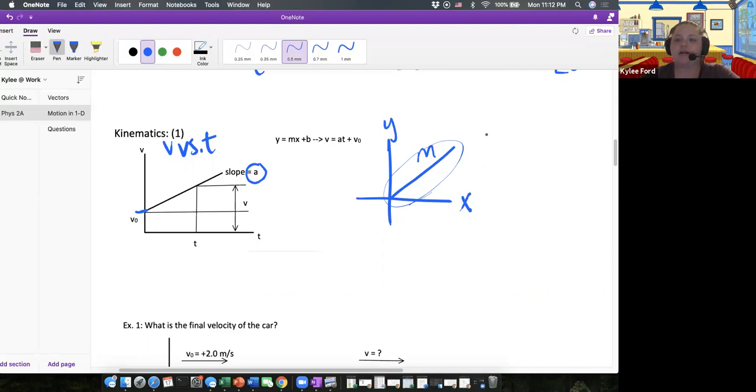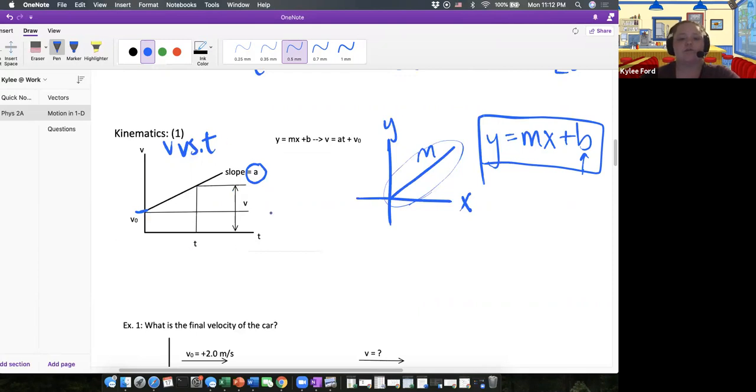We can describe that as our y values equal our slope times x plus our y-intercept, which we denote as b typically. So we want to do this sort of thing now with our kinematics in one dimension.